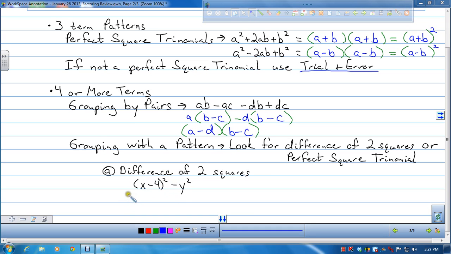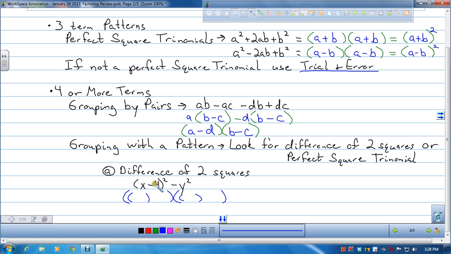So what I can do is kind of set this up as two binomials, because I can factor the difference of two squares into two binomials.